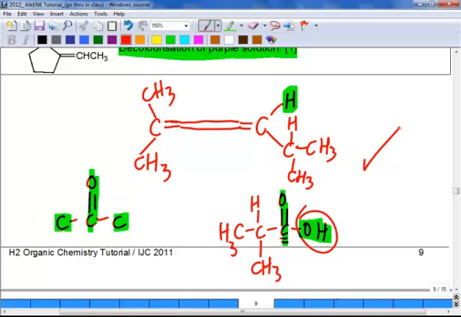Everybody, does this exhibit geometric isomerism? Yes or no? Does this molecule have cis-trans isomers? Why no? Cannot, because this carbon has 2 same groups on what?